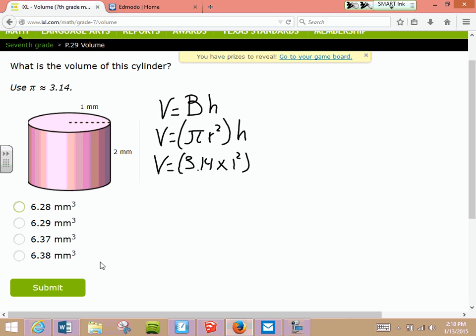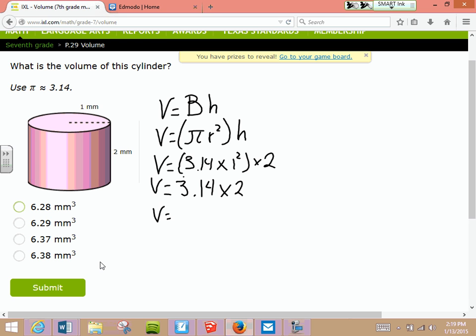And what is the height? 2. So now we're going to solve it. 3.14 times, what is 1 squared? 1, right? 1 times 3.14? Just 3.14. Times 2.